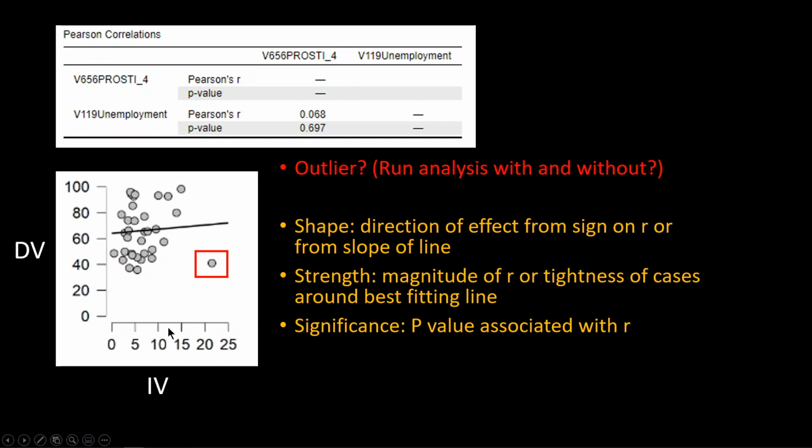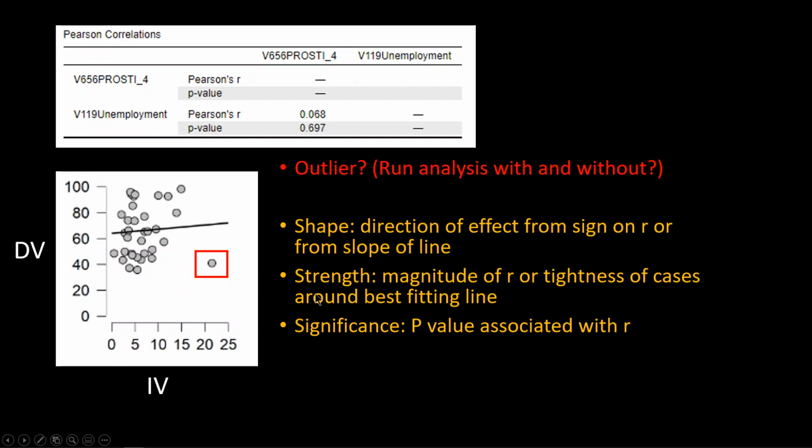Well, at 15%, if I just go straight up, I hit the line, and where that line goes back over, I'd expect about 70% of the population to say that prostitution is never justifiable. I would predict, based on this best fitting line, where they would be on the dependent variable. But you can see I'm way off. In fact, it's not 70%, it's about 99% for this case that has 15% unemployment. So I've had a lot of error in my prediction.